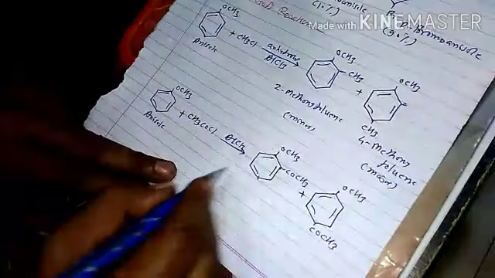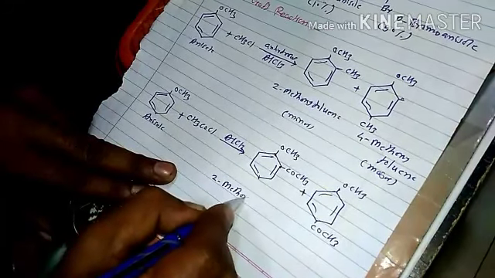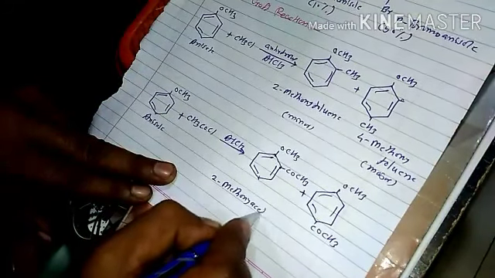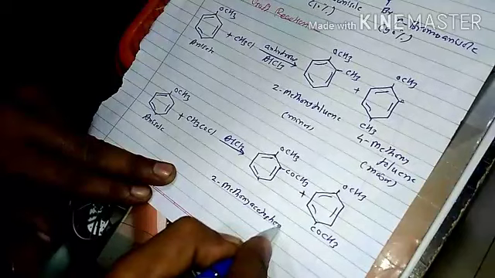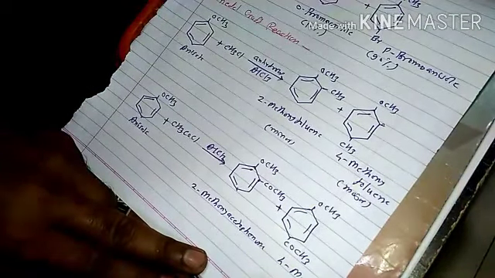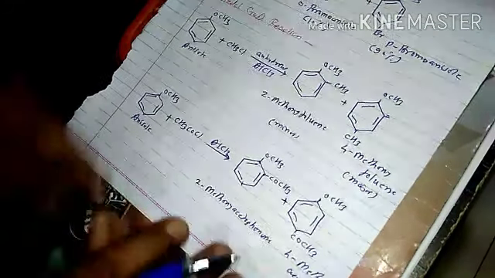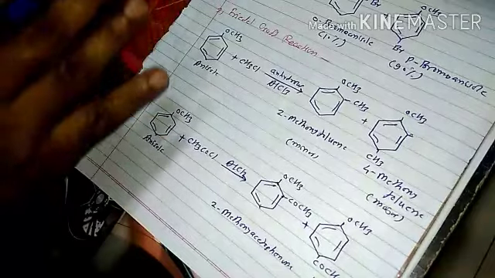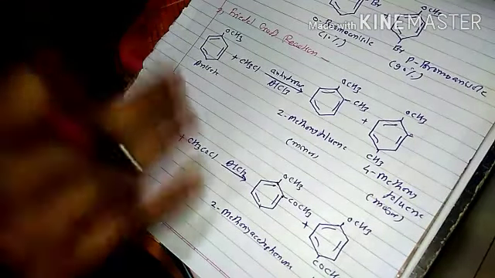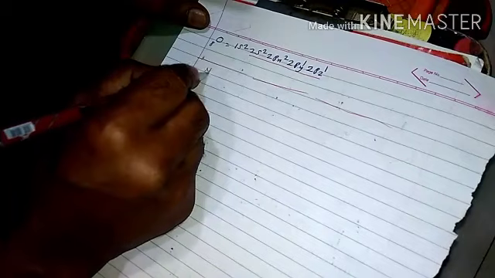So the name of this compound is 2-methoxy acetophenone, and this is 4-methoxy acetophenone. So these two reactions are known as Friedel-Crafts reactions. Now there is only one reaction, third, that is nitration.